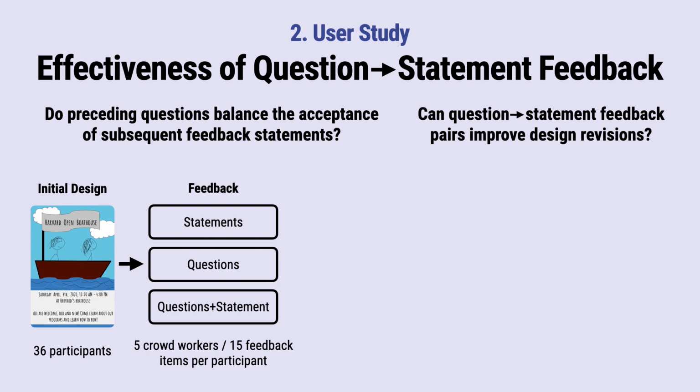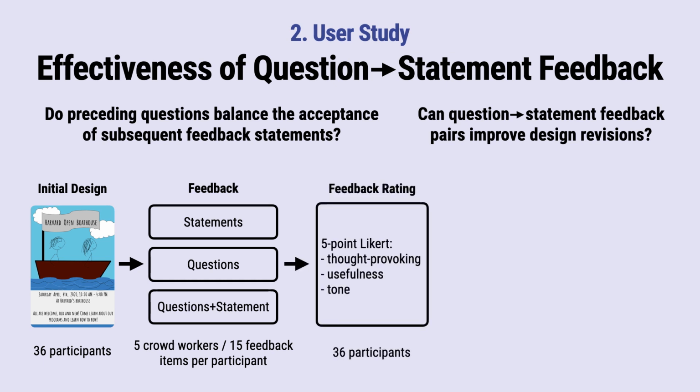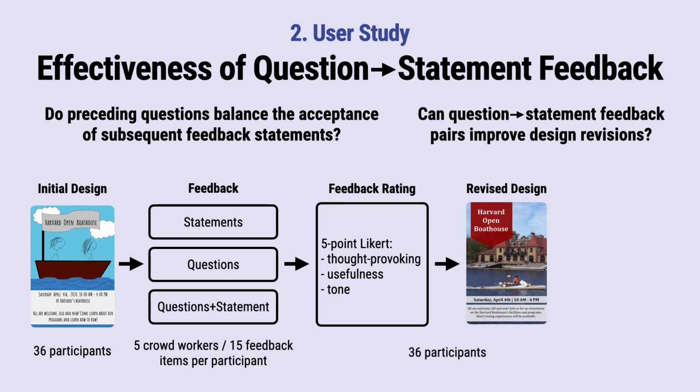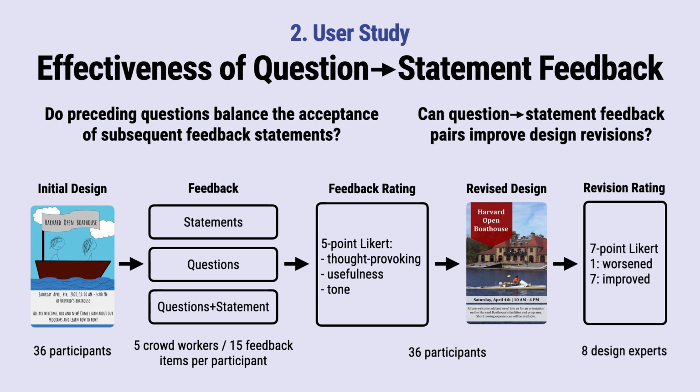We split the designers into 3 groups, each receiving different type of feedback: statements only, questions only, or a combination of both. The participants then rated the feedback by its thought-provokingness, usefulness, and tone before they revised their designs. And finally, a jury of 8 design experts rated the participants' design revision quality.